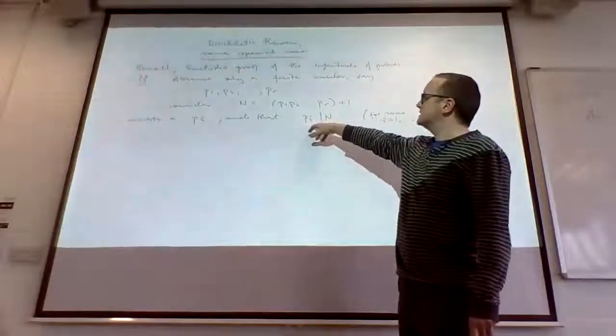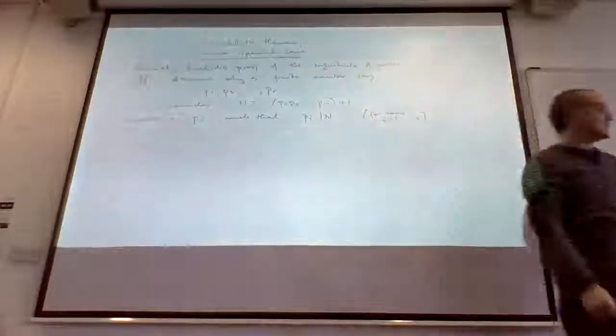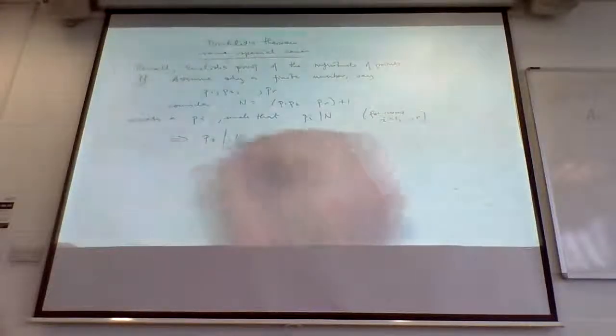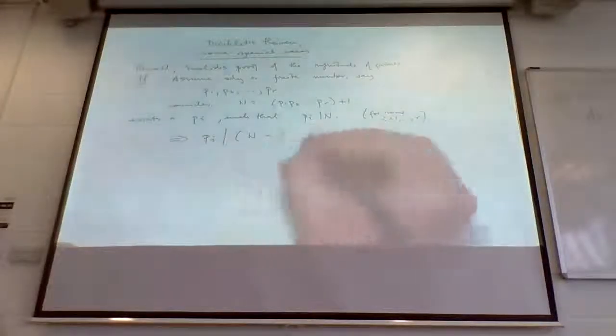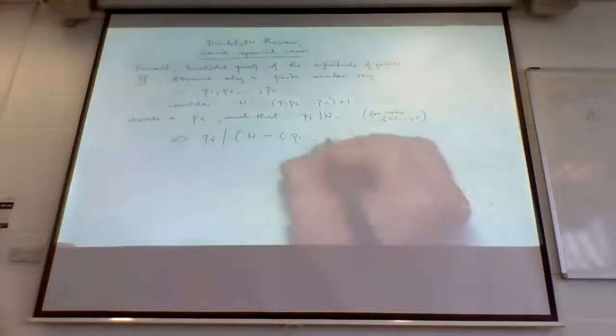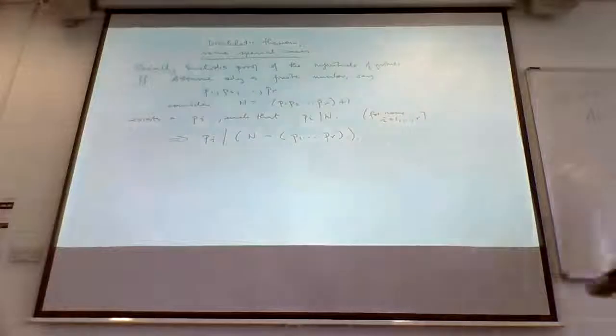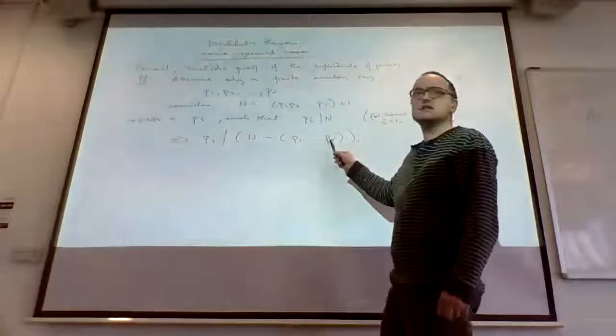Prove that. So there's one pi that divides n, but then this implies that pi divides n, and it will also divide this product of p's because it is one of them. Pi is somewhere in this list of factors.